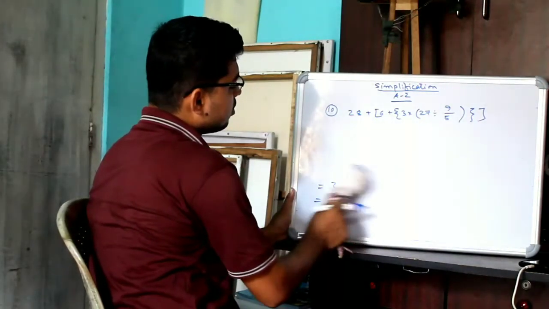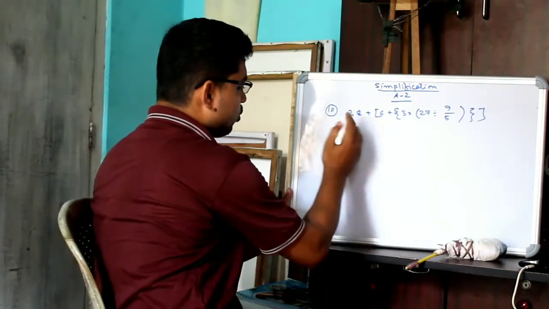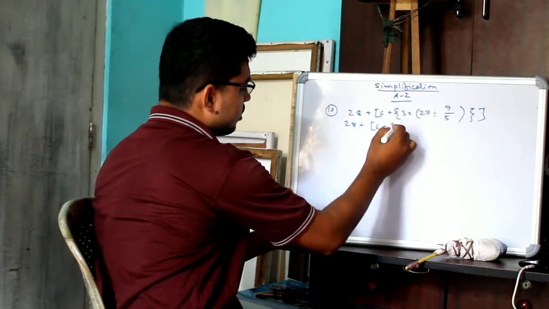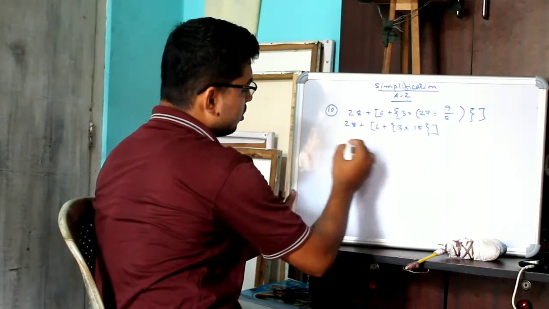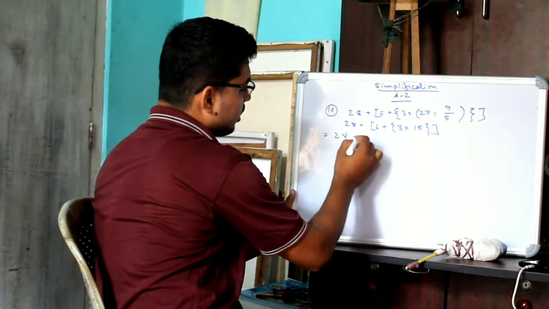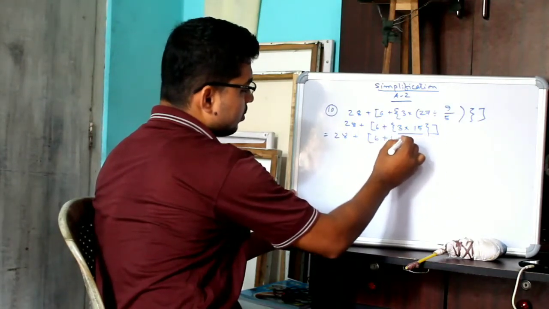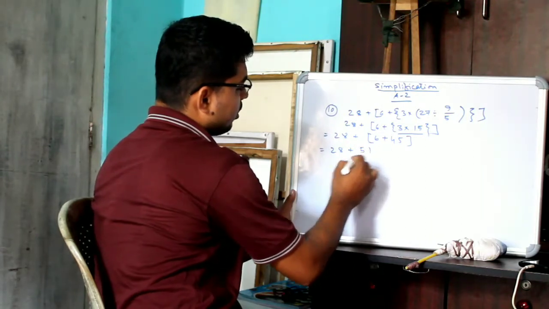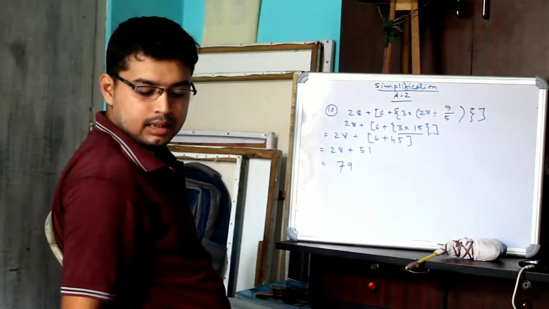So using the BODMAS rule, 28 plus 6 plus 3 into, here 15 will come. 28 plus 6 plus 15 into 3 is 45. 28 plus 51 is 79. 79 is the answer. Okay.